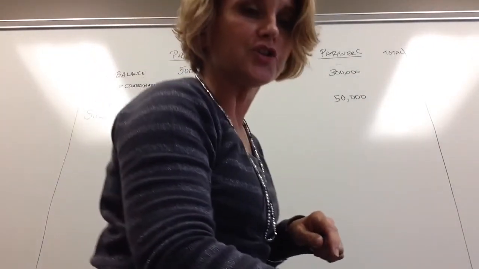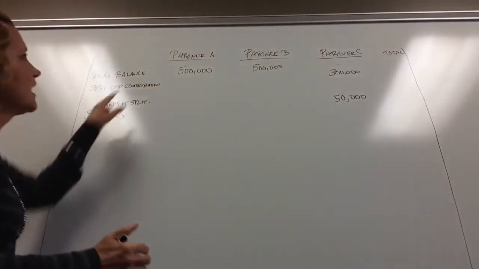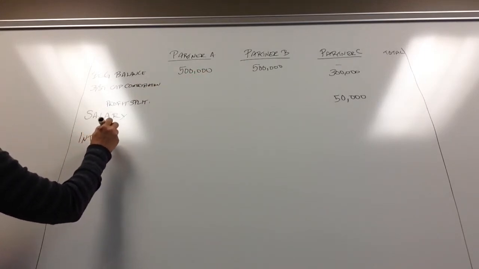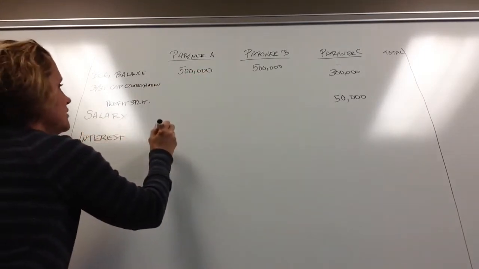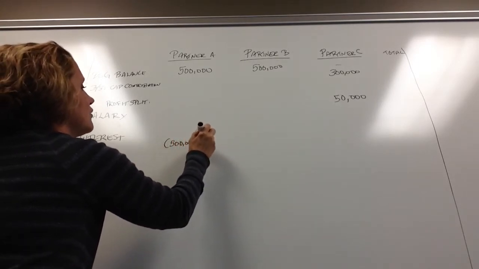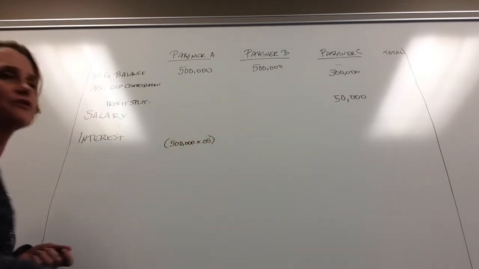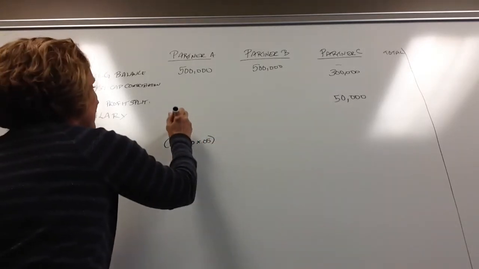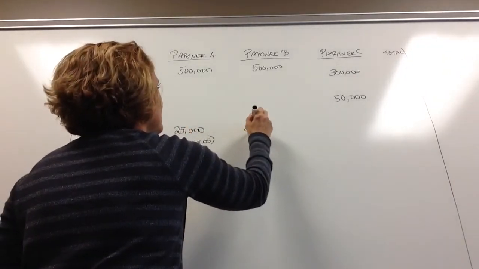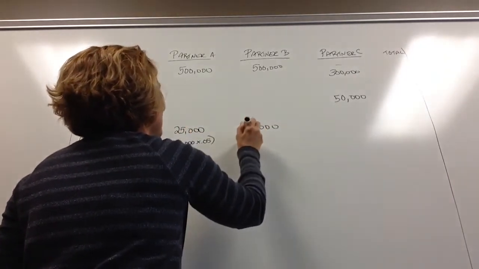Okay, then they each earn interest. They each earn 5% of their balances. So for partner A and B, they each kept $500,000 in the account and earned 5%, and that's for the whole year. So then that's going to be $25,000 in interest for each one of those.